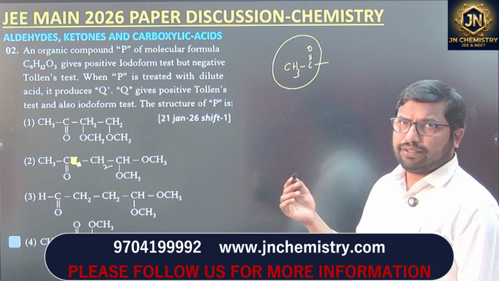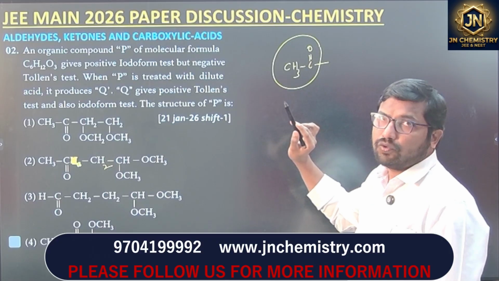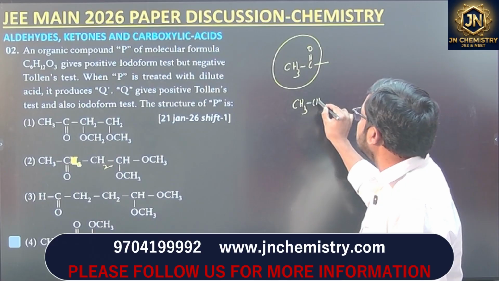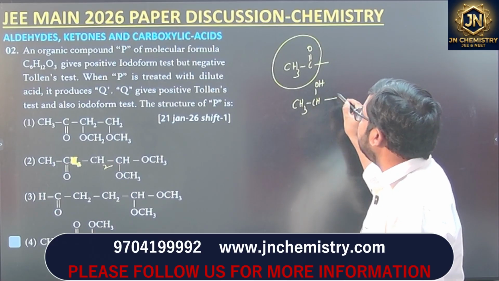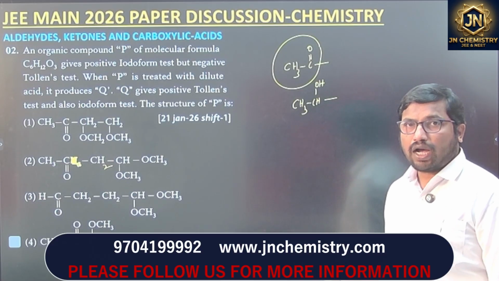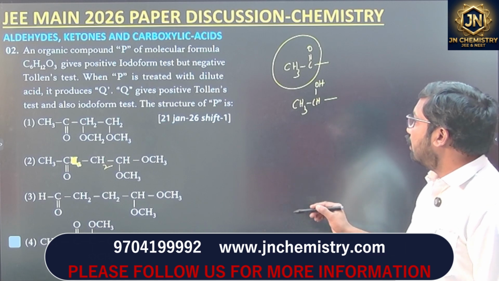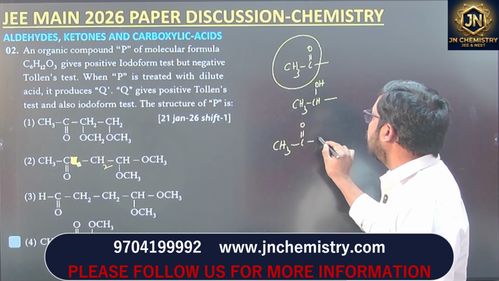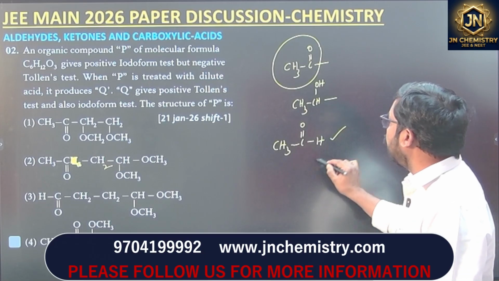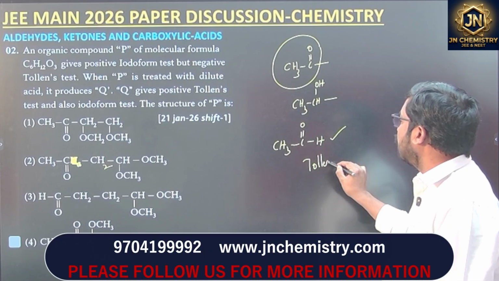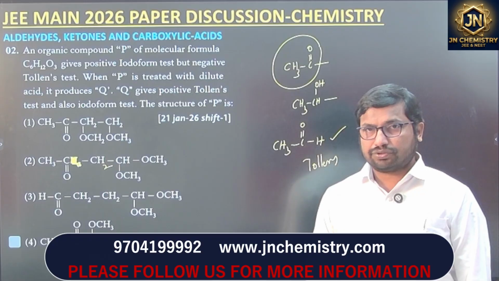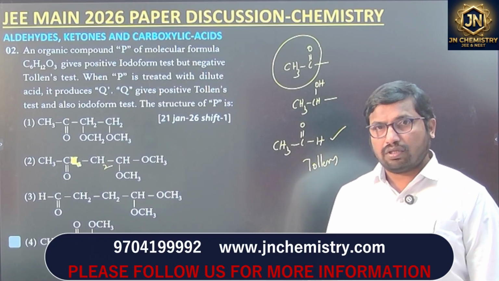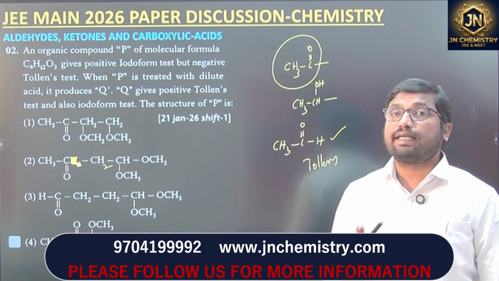Means aldehydes and ketones having the CH3C=O group, and CH3CHOH compounds also will give the positive haloform or iodoform test. And generally aldehydes will give the Tollens test, but not ketones. The Tollens test is used to identify aldehydes from ketones.